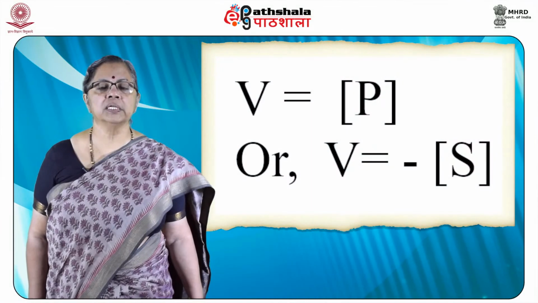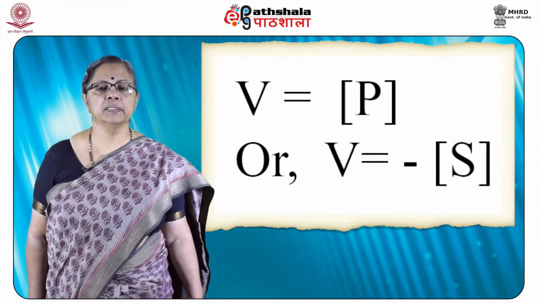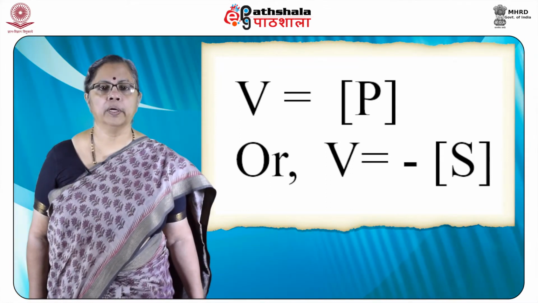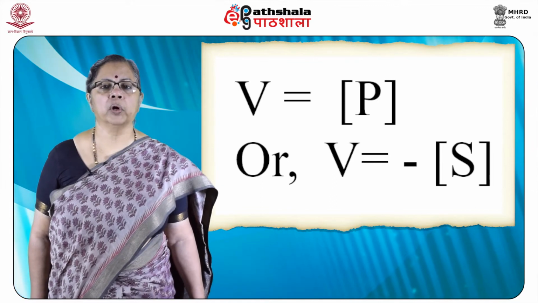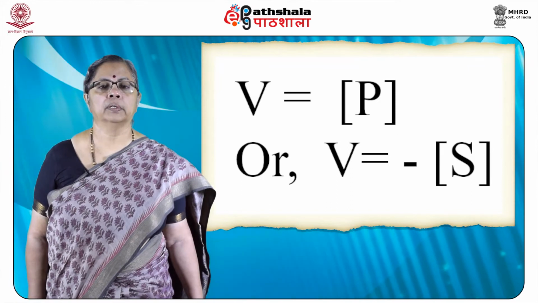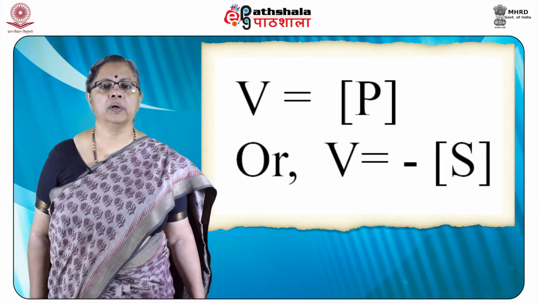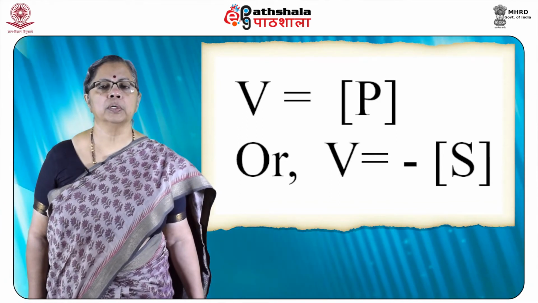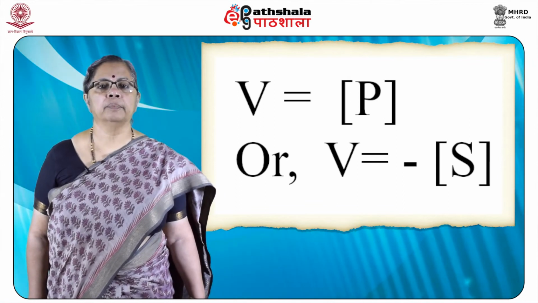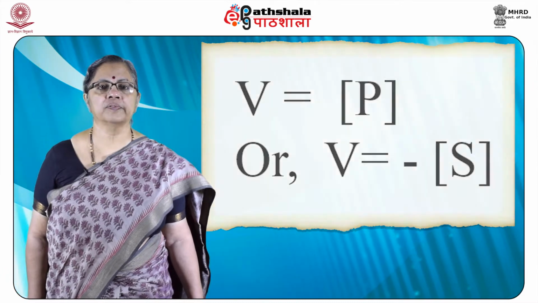The velocity V is measured as the disappearance of substrate S with time or the formation of product P in a given time, or V is equal to bracketed P, or V is equal to minus bracketed S, the negative sign before S indicating the disappearance of substrate.